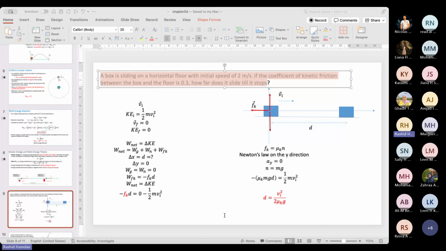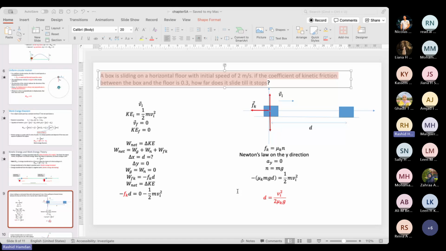Okay. And then I will open my phone and copy. Go to ChatGPT and see. Well, we're not going to tell ChatGPT to use the work energy theorem for starters. So let's see how it would solve it.